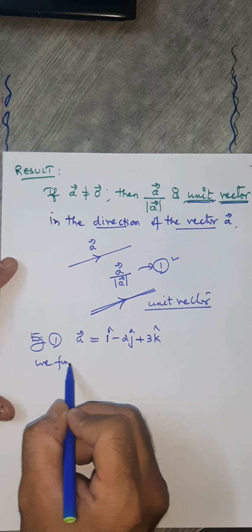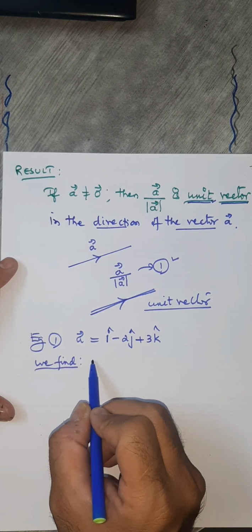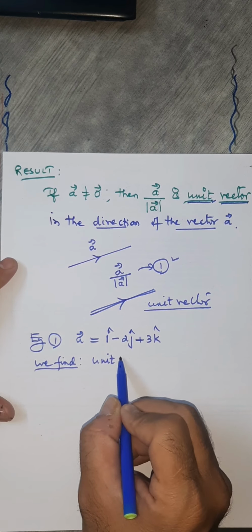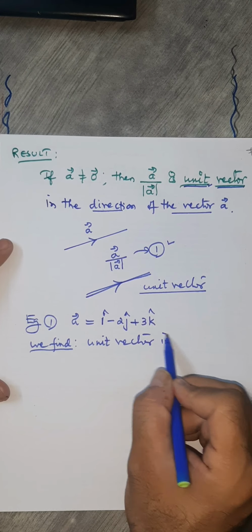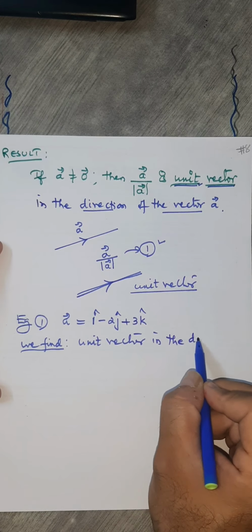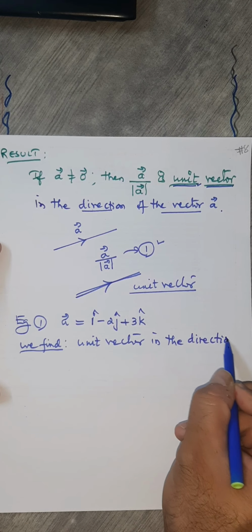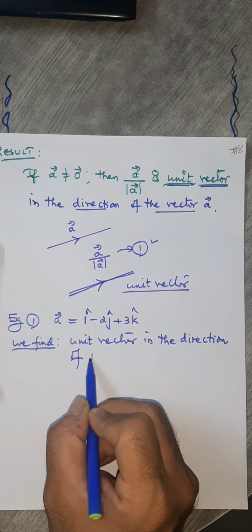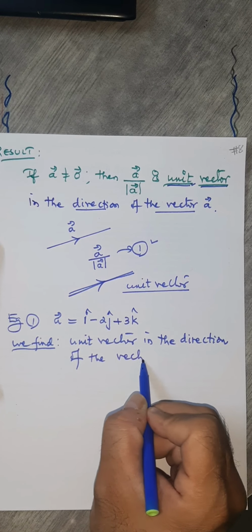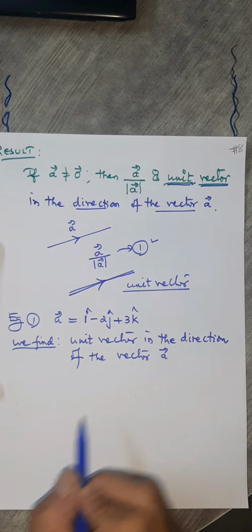We find the unit vector in the direction of the given vector, in the direction of the vector A, remember.